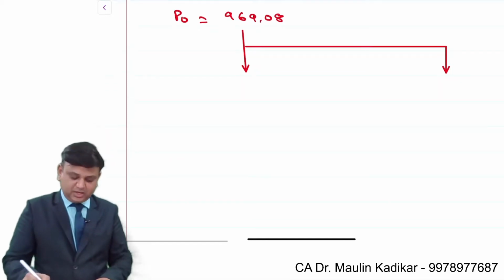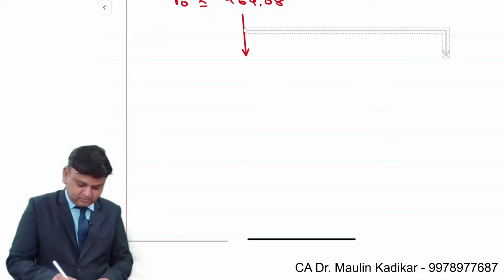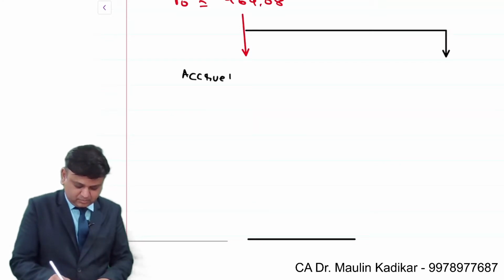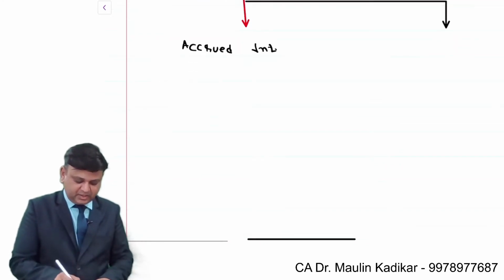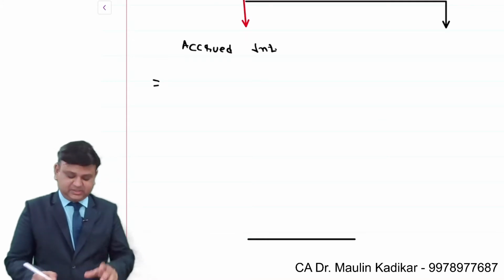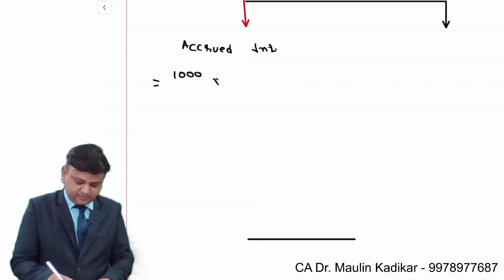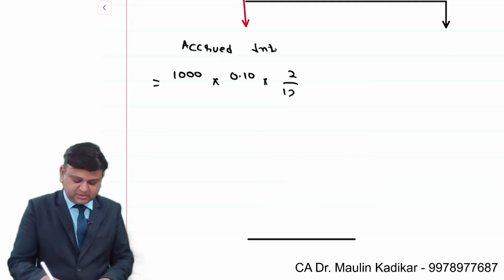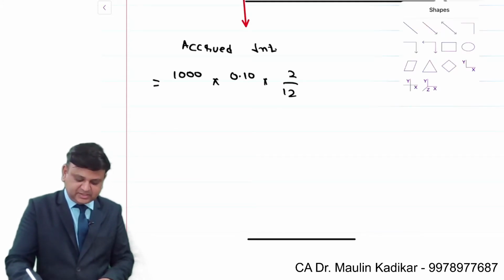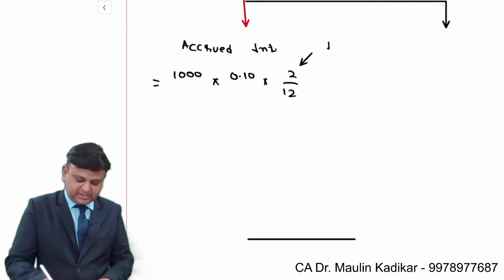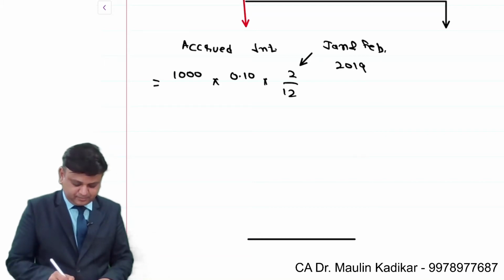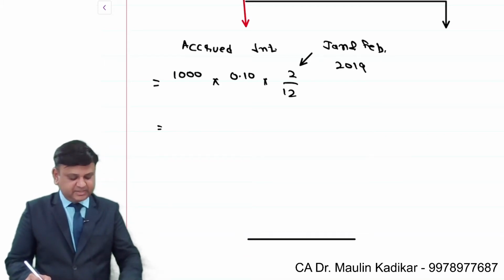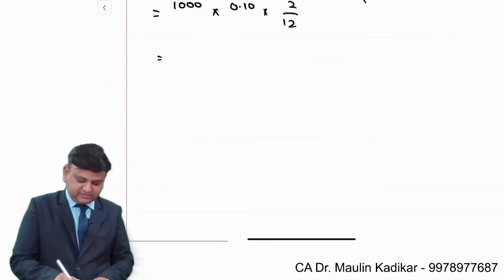One is for accrued interest, which we can very well understand is for 2 months. So 1000 into rate of interest 10% into 2 months. This 2 months that we understand is January and February 2019. So it is 100 divided by 6, that is 16.67.